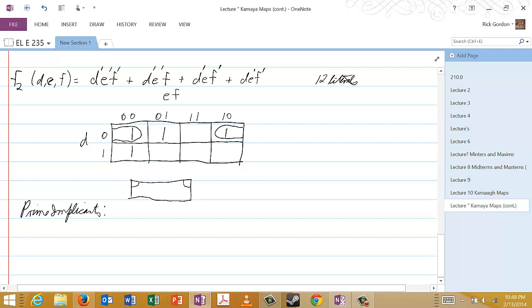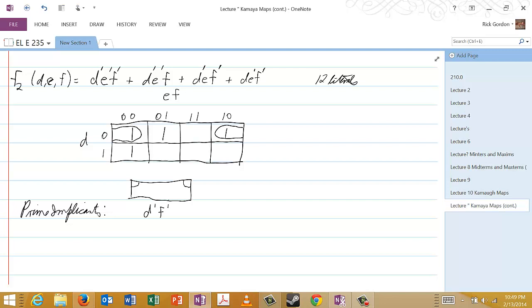So E will not appear in the name, but F is constant and equal to 0. So D is constant and equal to 0, F is constant and equal to 0, so this is D prime F prime. And that's one prime implicant of size 2.